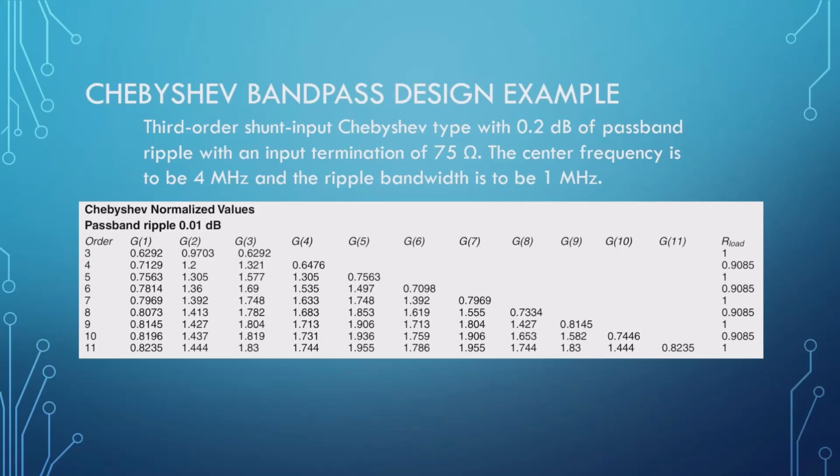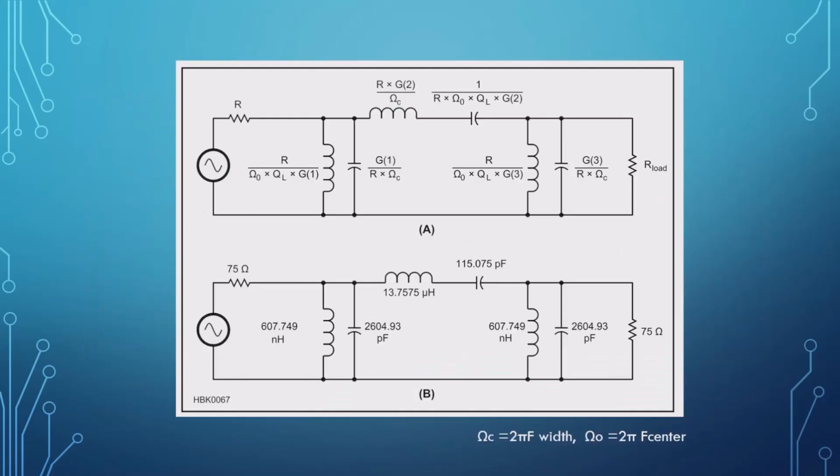So we would take G1, G2, and G3 out of this table, then go to the template, which is going to come up in just a second, and plug them in everywhere it says G1 and G2, and then 75 ohms for our resistance.